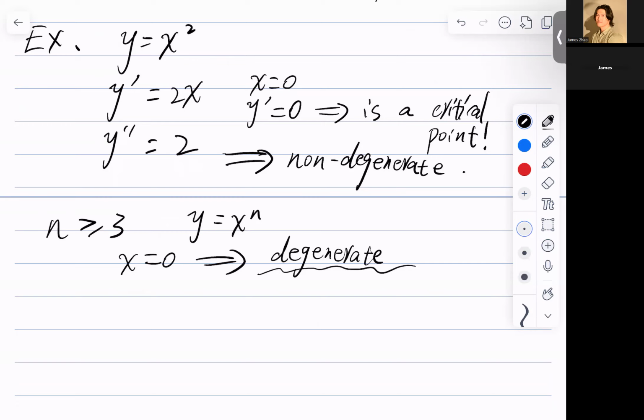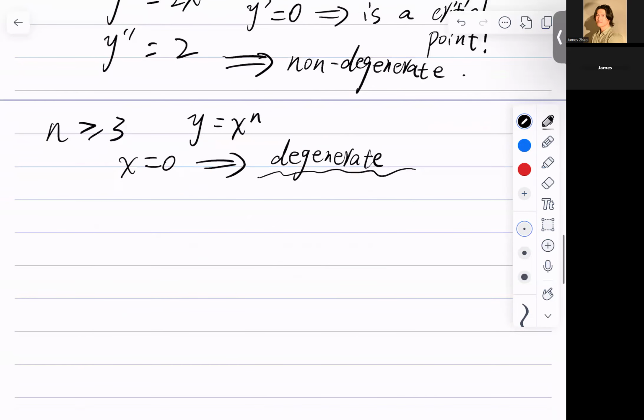And now, okay, these are just two examples, right? But would these two properties really mean anything in our application? Why would they matter, right? So they are actually very, very closely related to something called perturbation.